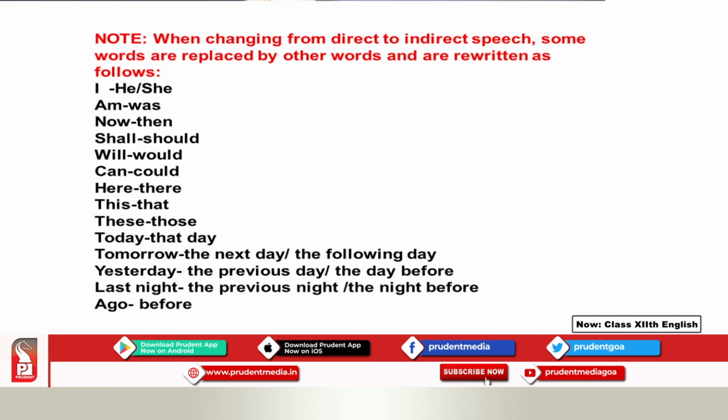I becomes he or she, am becomes was, now becomes then, shall becomes should, will becomes would, can becomes could, here becomes there, this becomes that, these becomes those, today becomes that day, tomorrow becomes the next day or the following day, yesterday becomes the previous day or the day before, last night becomes the previous night or the night before, and ago, long ago, becomes before.